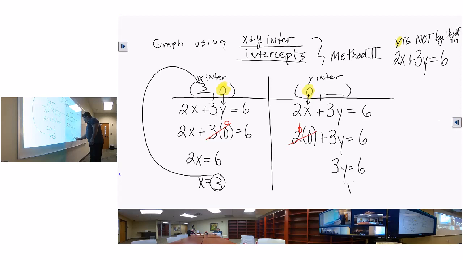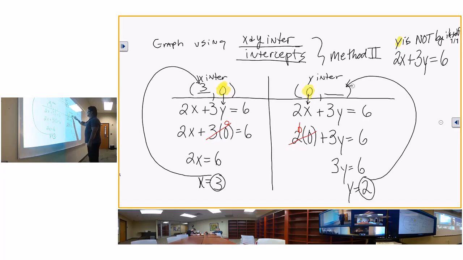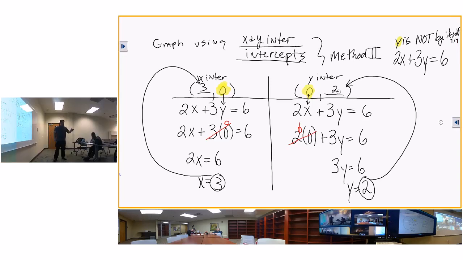And y is equal to what? 2. And that goes right there. Now I want you to draw a graph, and I want you to plot those 2 points for your notebooks. That way you'll have a problem in your notebook, and you have one on the example.